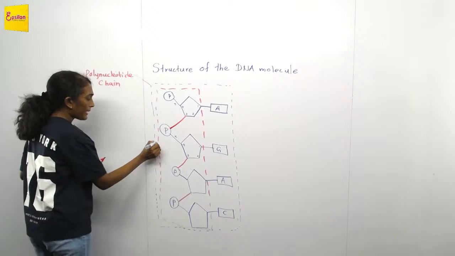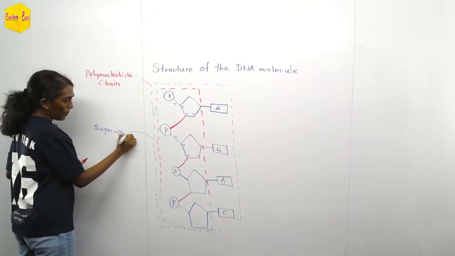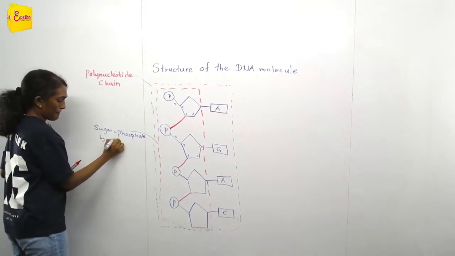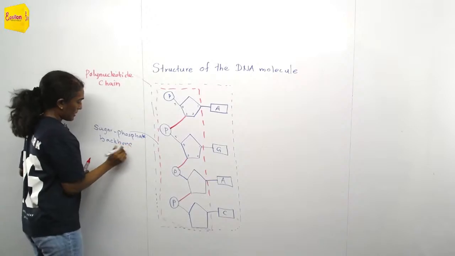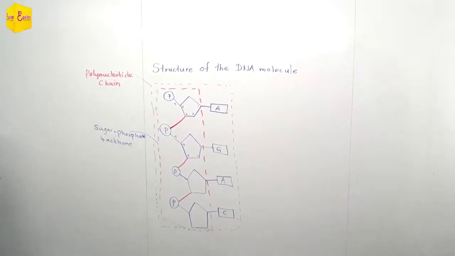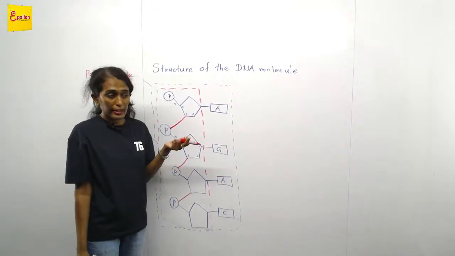That we call it as sugar phosphate backbone. Understood that one? I'm labeling one new thing which is relevant to 7th unit for you.